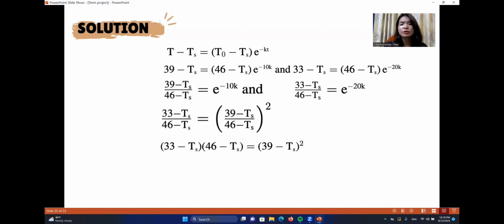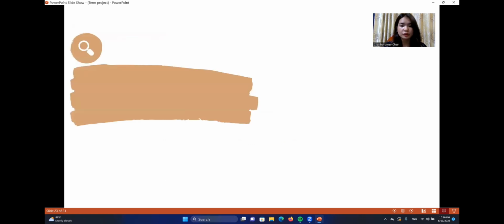We put the equations together and we can find that negative Ts equals 3, and Ts equals minus 3. And this is our solution.